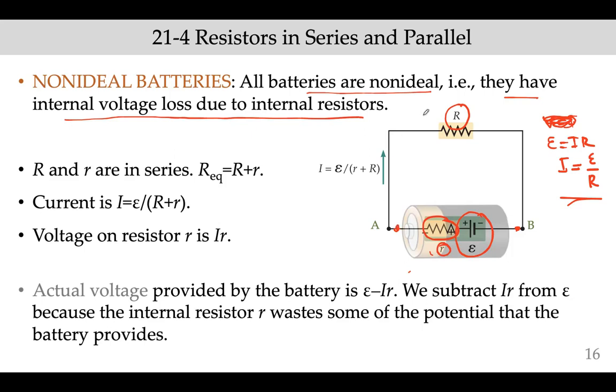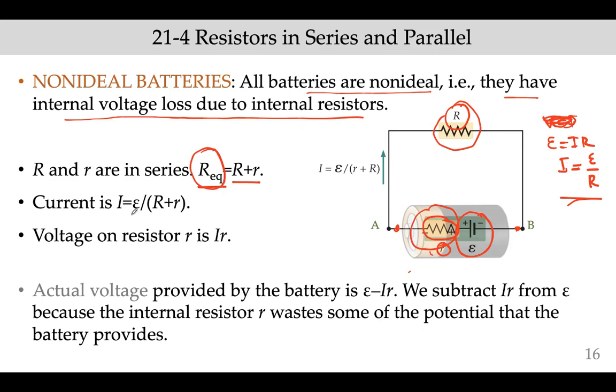If you look at this circuit, effectively you actually have two resistances connected in series. What happens if you connect two in series? You just add them up to find the equivalent resistance. Now we have to use this with Ohm's law.